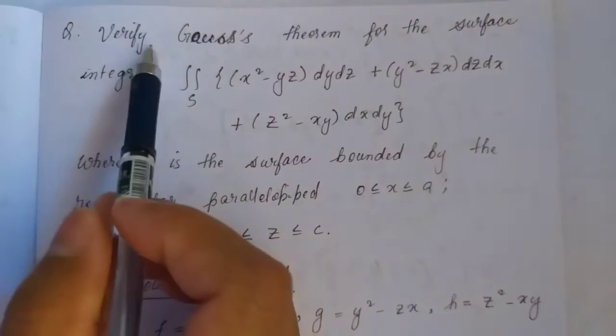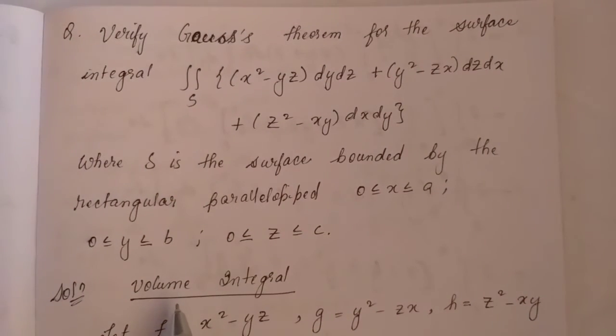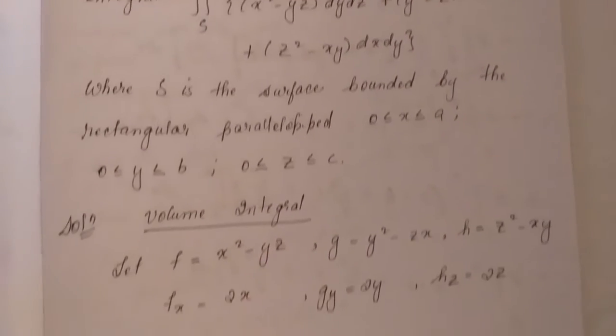Here we have to verify. It means that we have to find the volume integral separately, and then find the surface integral separately, and check whether we get the same answer. Since we have to verify, we should get the same answer and it will be verified.